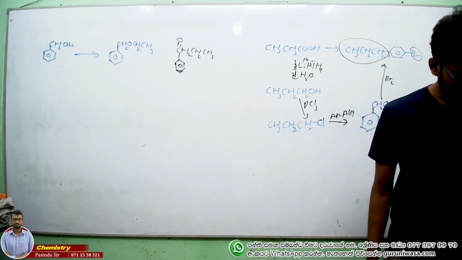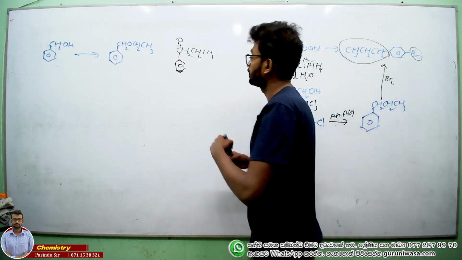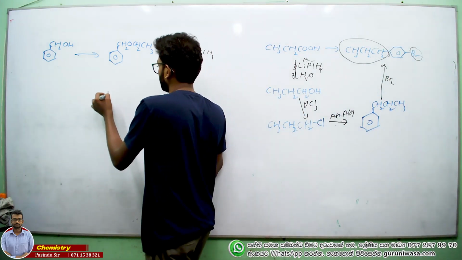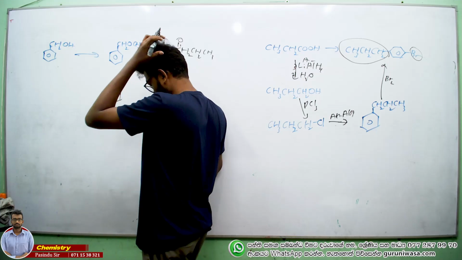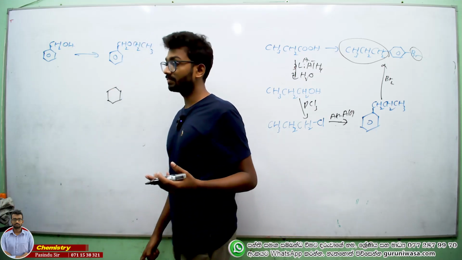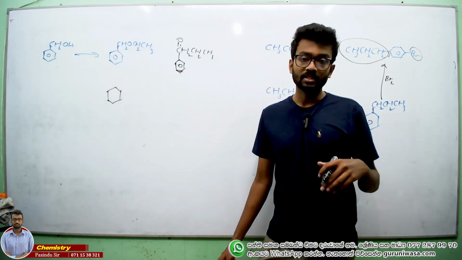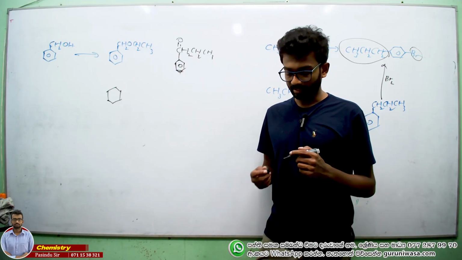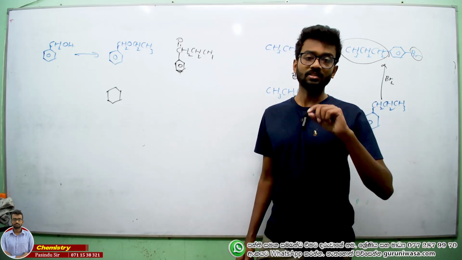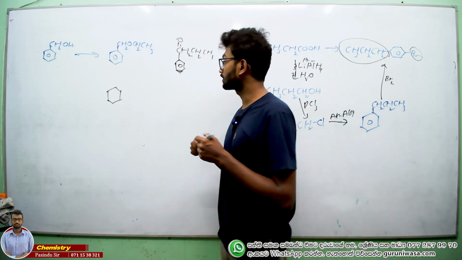Here, assume the previous benzene one is... always try to use Grignard, right? If the number of carbons is increased, try to use Grignard, and first check about Grignard. Next one, that triple bond one. Okay, just keep it in mind.